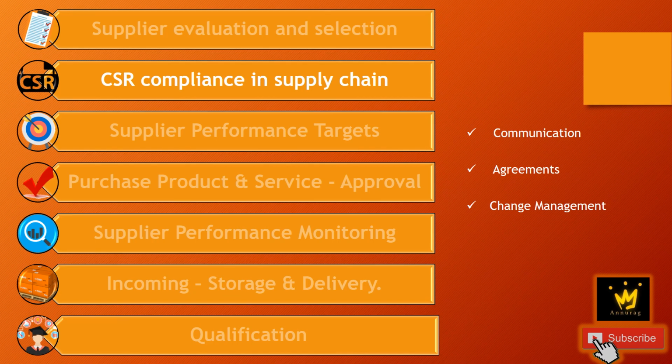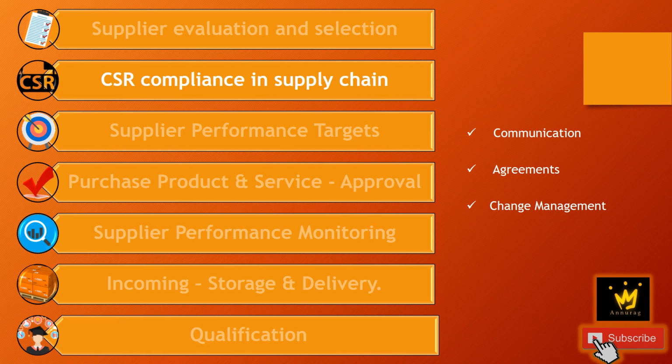It can be standards, drawings, specifications, quality agreements, legal and regulatory requirements, and so on. So you need to check whether proper communication has been done across the supply chain for the CSR, and whether the proper agreements are in place or not. The communication should be regulated and traceable.